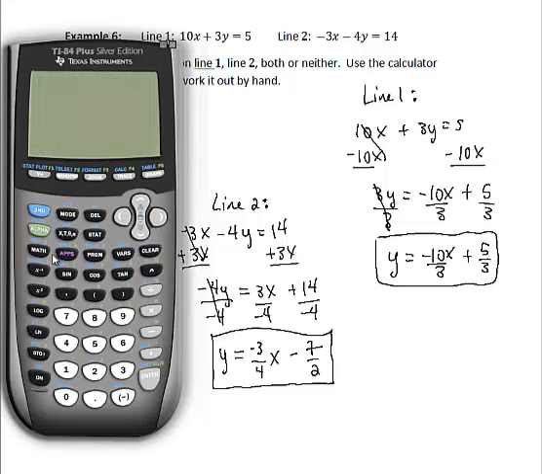If you turn your calculator on and you start at the home screen, okay, if I turn my calculator back off and I turn it on, this first screen we go to, the home screen. It's just blank, cursor's in the top left.